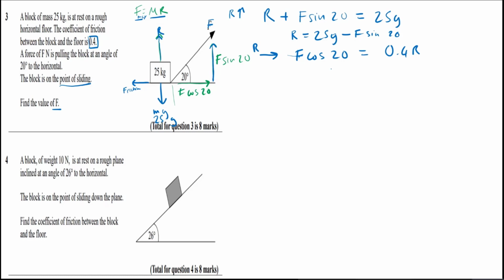So here we get R equals F cos 20 over 0.4. Let's call that equation 1. Call that equation 2. So we can sub 2 into 1.